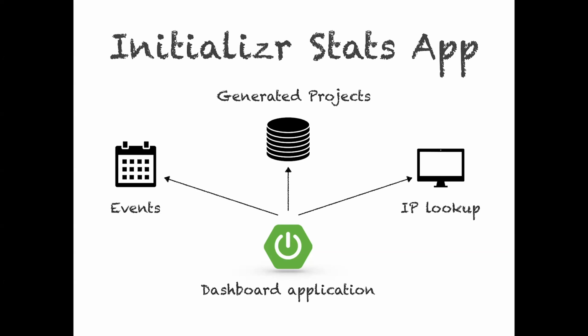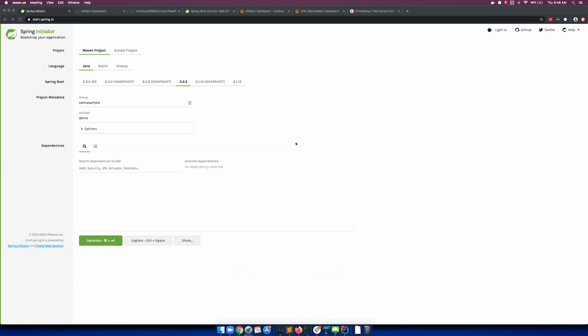Before we get started with the actual demo, I am going to give you a quick overview of the demo application that we'll be using. So if you've ever heard of start.spring.io, it's this website that you can use to get started with Spring Boot applications really quickly. It's a website that's built by the Spring team itself. And it's a really nice way to generate Spring Boot applications and get the right structure for your Spring Boot applications.